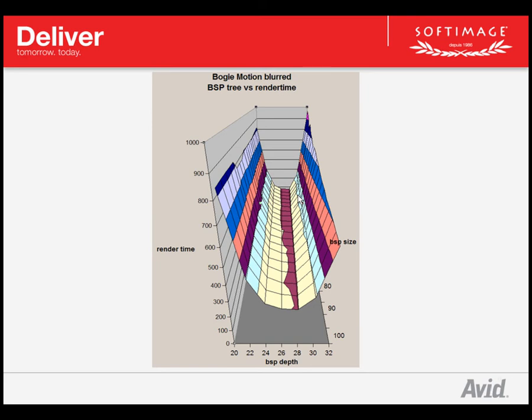Whenever motion blur is used, the triangles will travel over several voxels, so more memory is needed to store these traveling triangles.